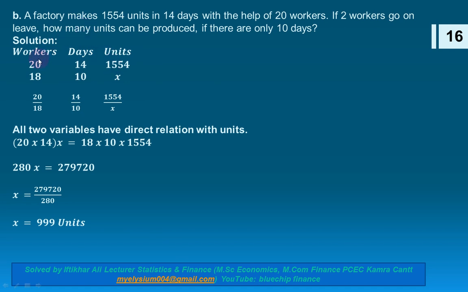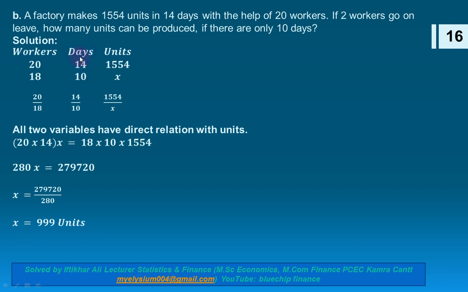The process is very simple: we take days constant first, and see what is the relation of workers with the units. If there are more workers, they can produce more units, so the relationship is positive. So we take 20 divided by 18. Now we take the workers constant and we take the days as variable.